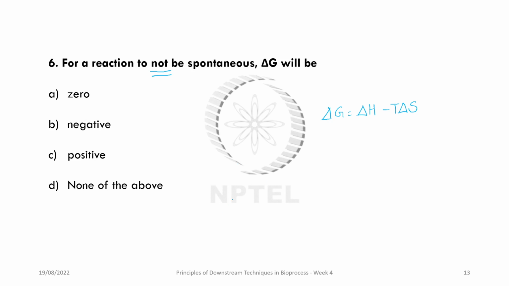Guys, so the delta G or free energy is spontaneous when it gives free energy, right? When do you call a reaction spontaneous? When the delta G is negative, correct?